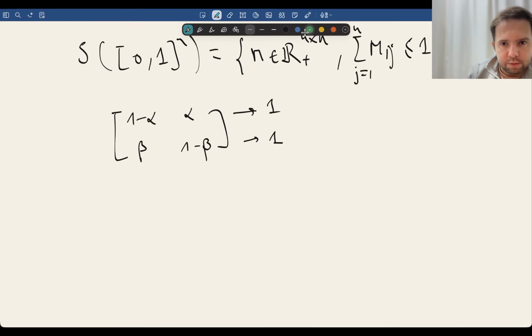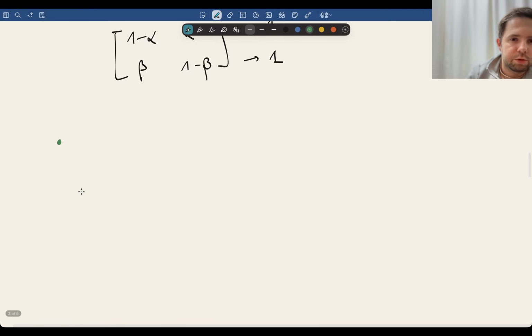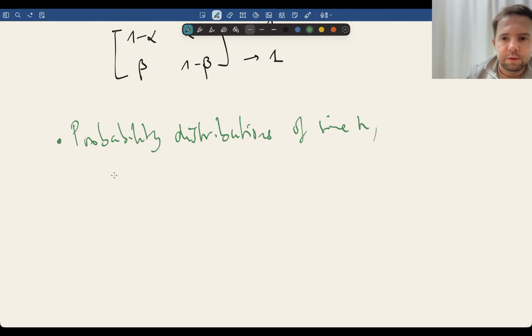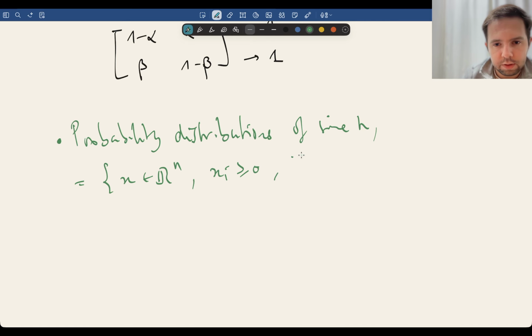And the third example that I want to look at is the probability distributions of size n. So this is equal to the set of x in R^n, such that x_i is non-negative and the sum of x_i's is equal to 1.